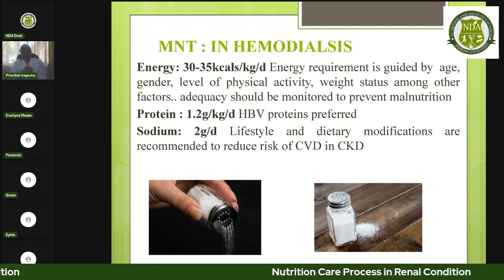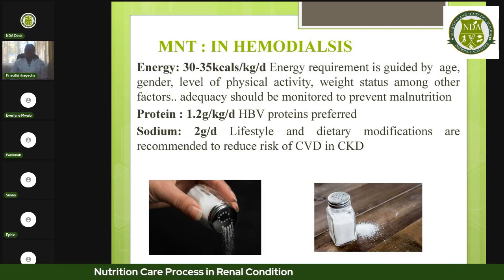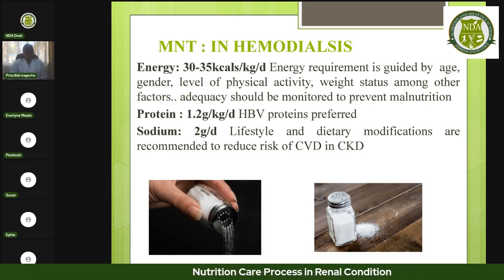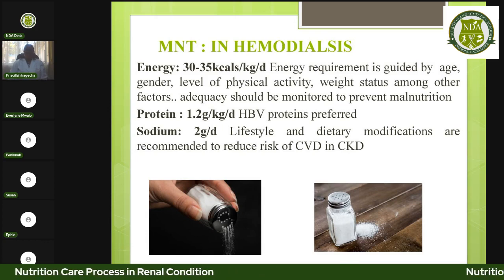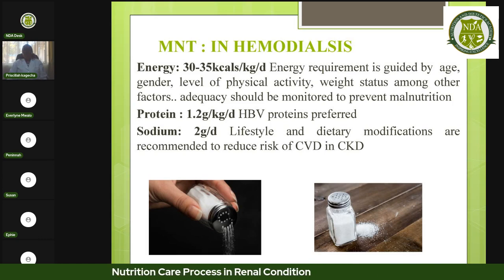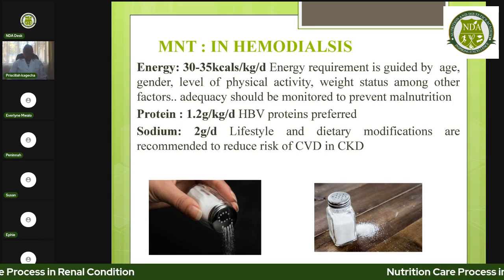Phosphorus, when the patient's GFR reduces below 60 mils per minute per 1.73 meters squared, then you want to restrict, but otherwise advise on limiting foods that are high in phosphorus. So phosphorus control aids in prevention of secondary hyperparathyroidism, renal bone disease, and soft tissue calcification.